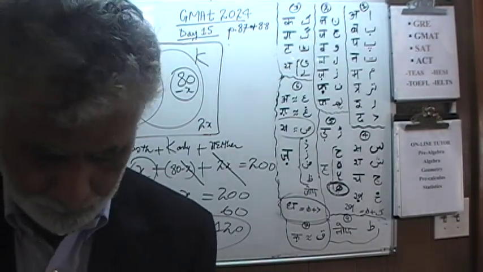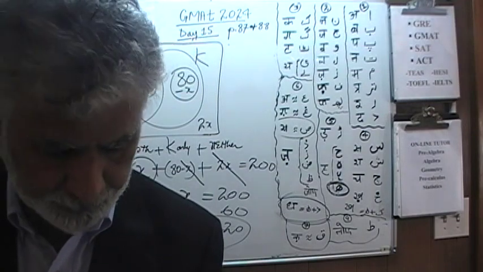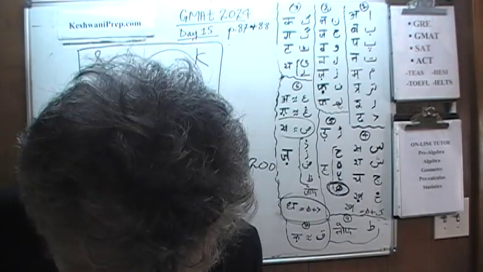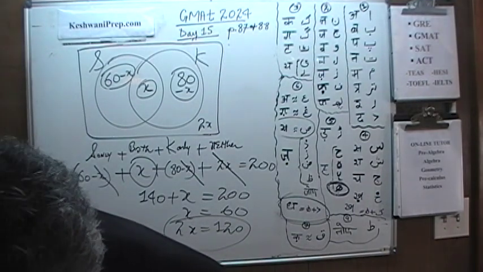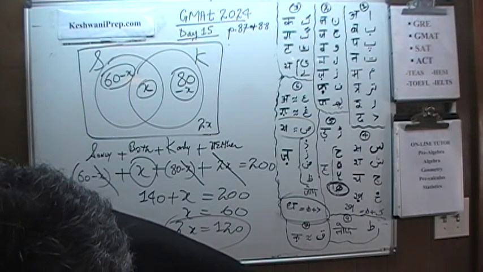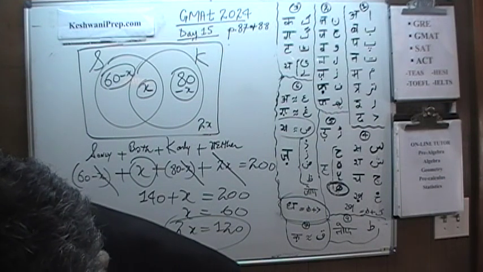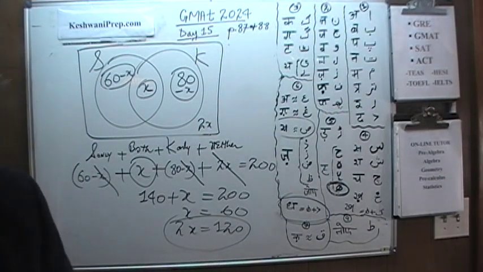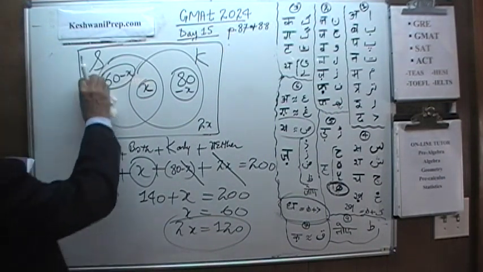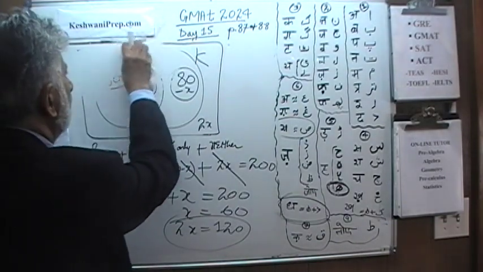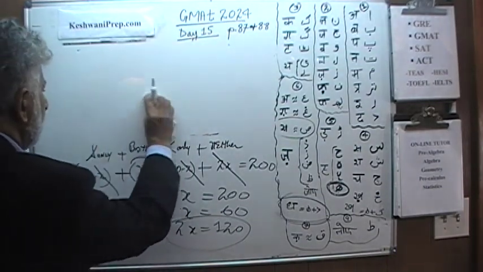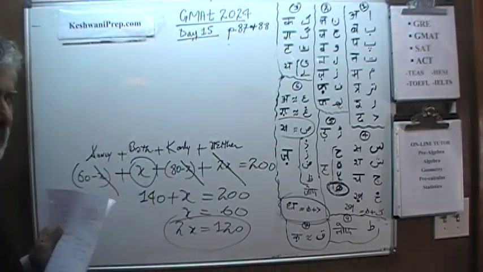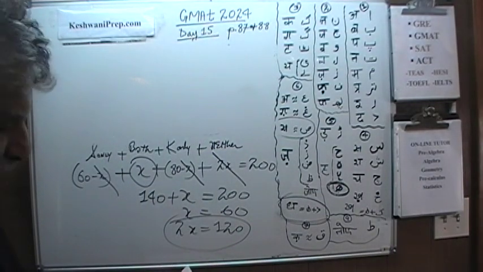That was number 90. 91. In 91, we are given some mathematical operations between different quantities.